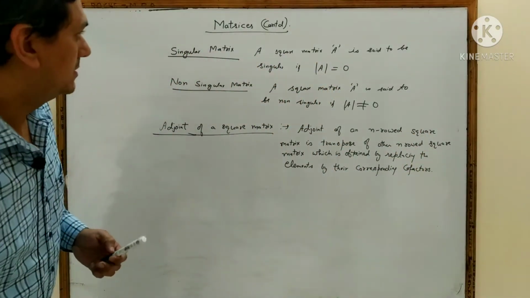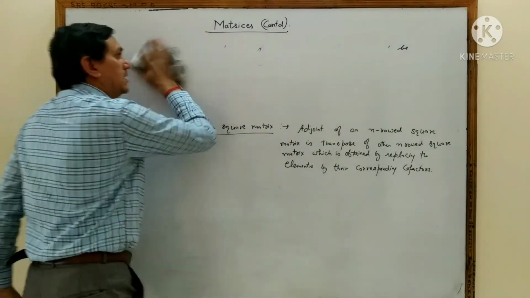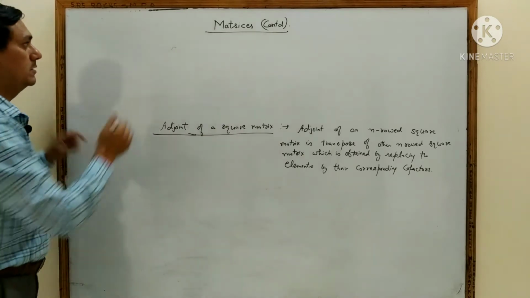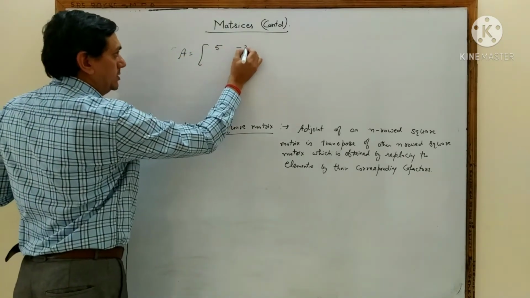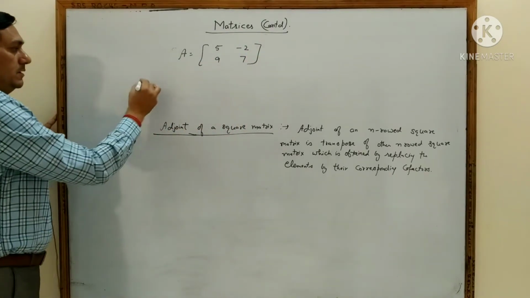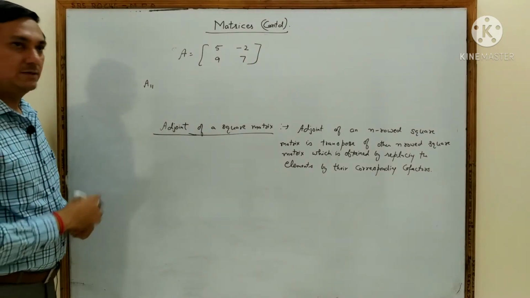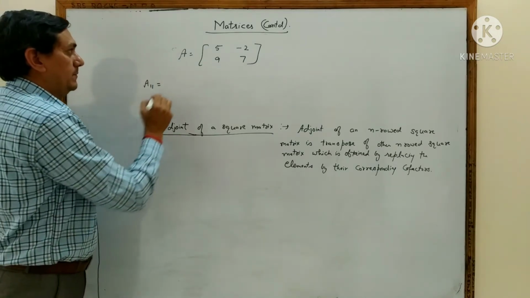Let me explain it. We illustrate it by a matrix of 2 by 2 order. Let us consider A is the matrix 5, minus 2, 9, 7. Now we shall calculate its cofactor elements one by one.